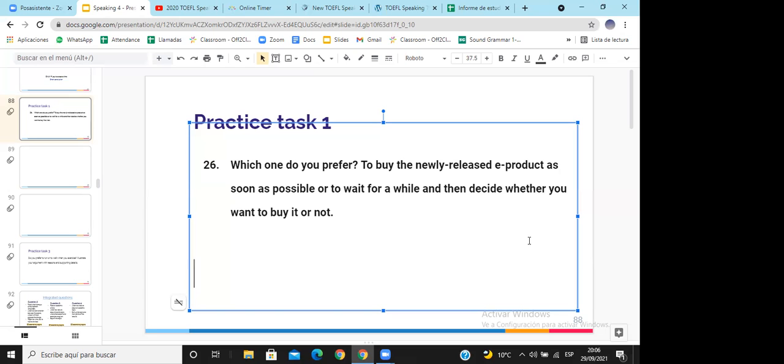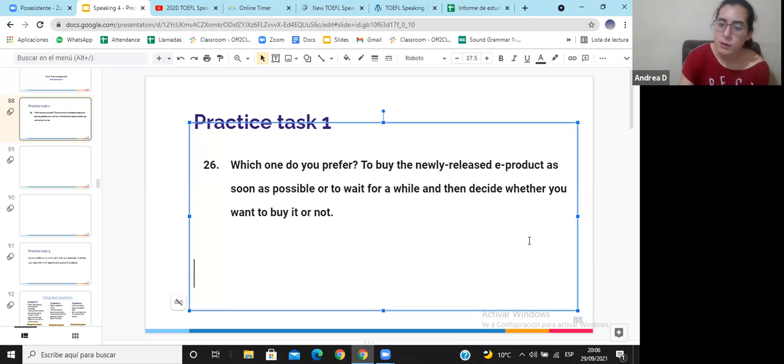It's in general, right? Yeah, whatever product you want to think about. It says an e-product, so something that you probably buy online, I'm guessing. But the thing is, do you prefer to buy things as soon as they are released, as soon as they are out in the market, or do you wait for a while and then think about it?